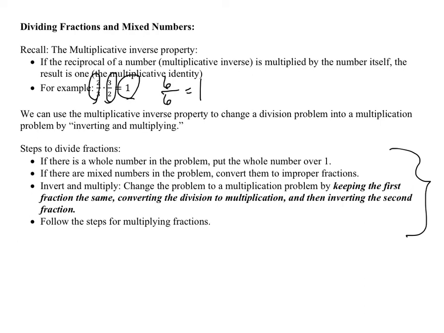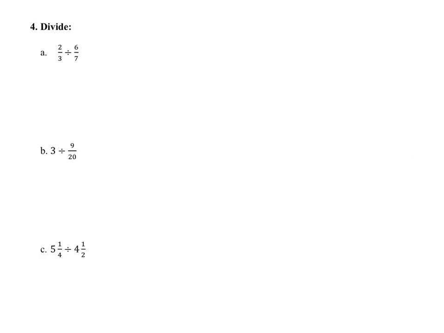So you're going to take the first number, keep it the same, change the division to multiplication, and then invert or flip the second fraction, and then use multiplication rules. So we're going to keep the first fraction the same, change the division to multiplication, and flip the second fraction. So invert, that's the invert part, multiply, change it to a multiplication.